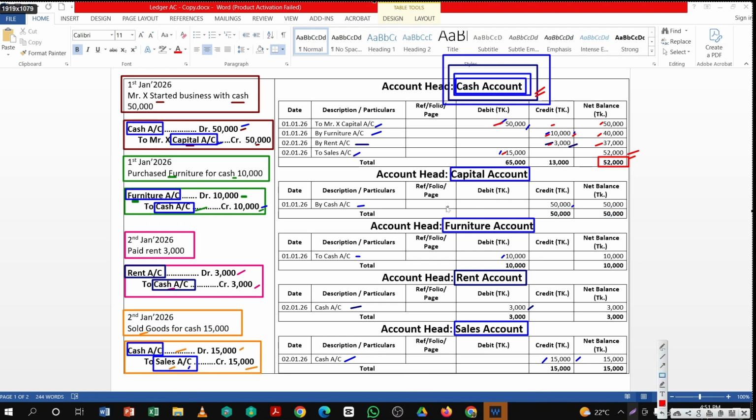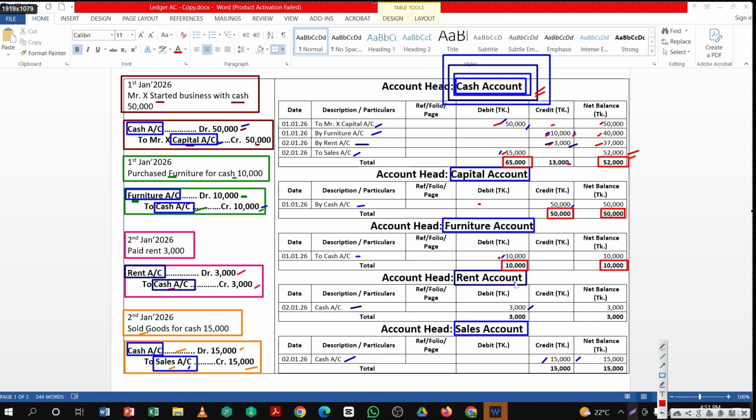In capital account, no debit balance, only credit balance 50,000, so net balance 50,000. This is credit side balance. In furniture account, debit balance 10,000, credit balance nil, so net balance 10,000. This is debit side balance.